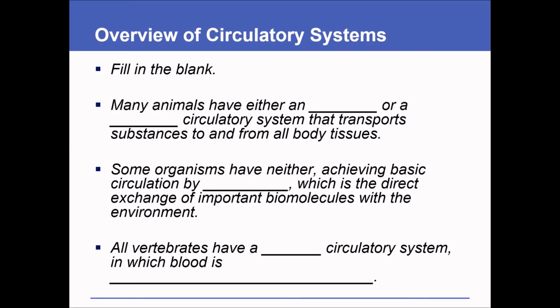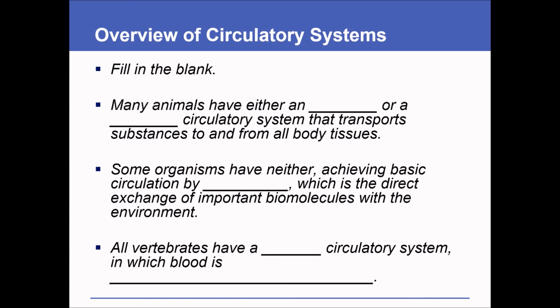Okay, now this is the opportunity to fill in the blank. You can do it. Let's do it together. Many animals have either an open or a closed circulatory system that transports substances to and from all body tissues.